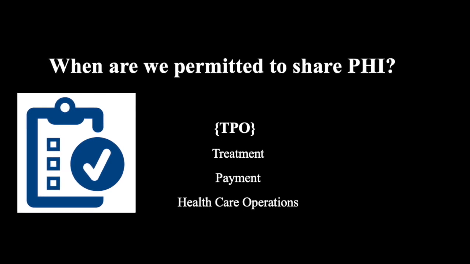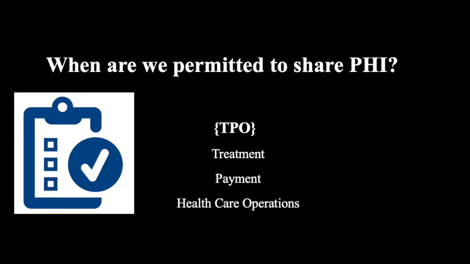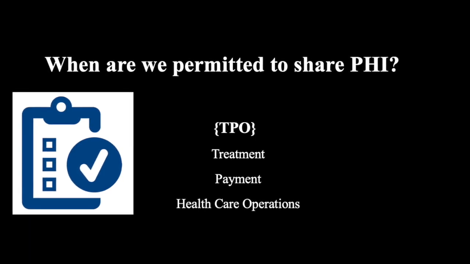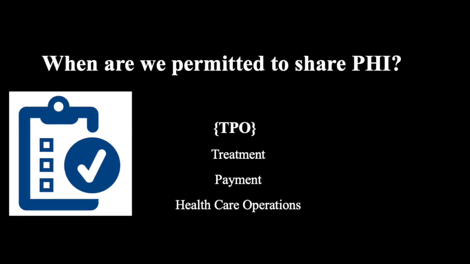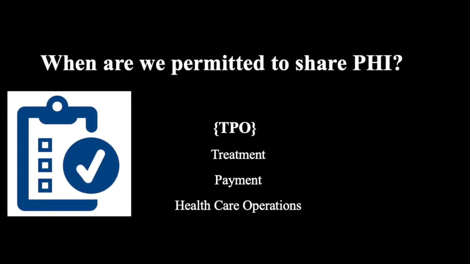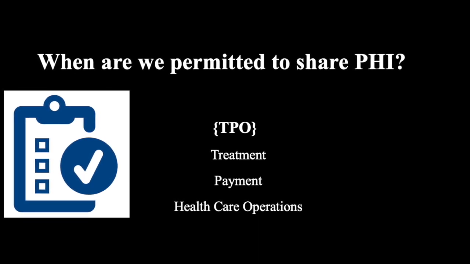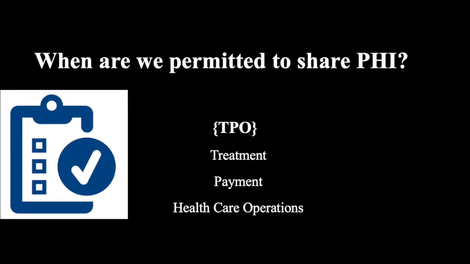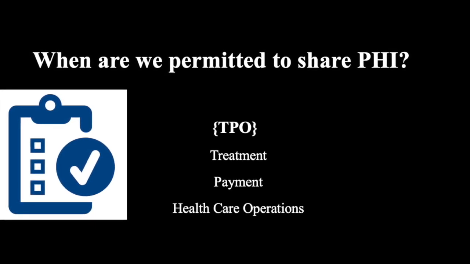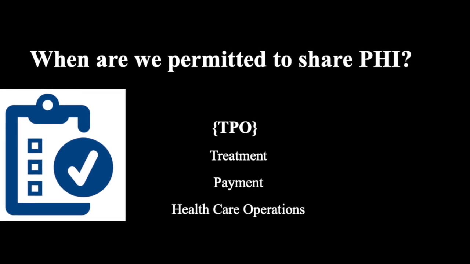For treatment and payment, the minimum necessary standard allows healthcare professionals to only access what they need to treat the patient or obtain payment for the treatment. Finally, healthcare operations include quality assessment or improvement, activities to improve healthcare or reduce costs, protocol development, case management or care coordination, and many more.